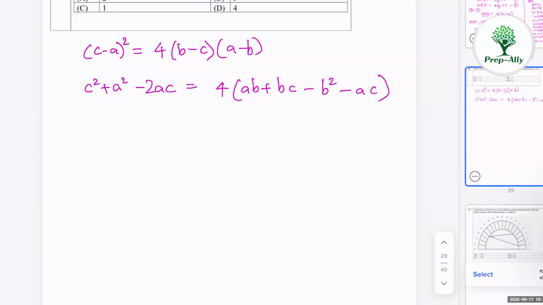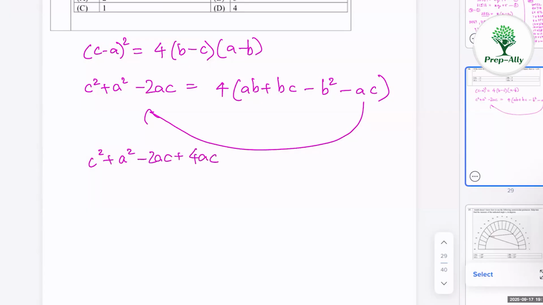And we can move the ac term this side. So we have c² + a² − 2ac + 4ac, which we can write as just + 2ac, is equal to 4 times (a + c − b).